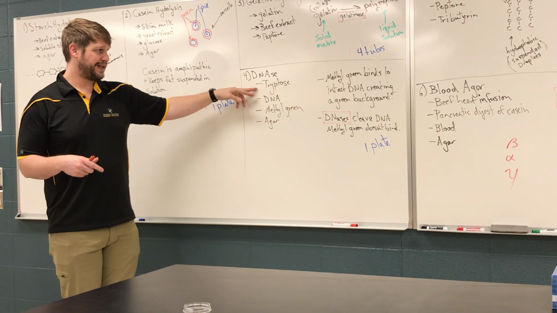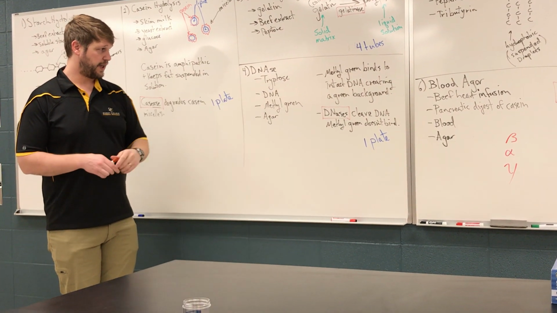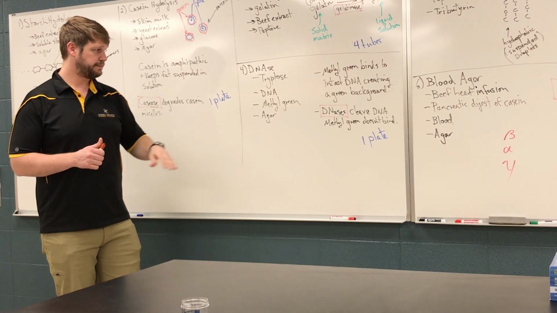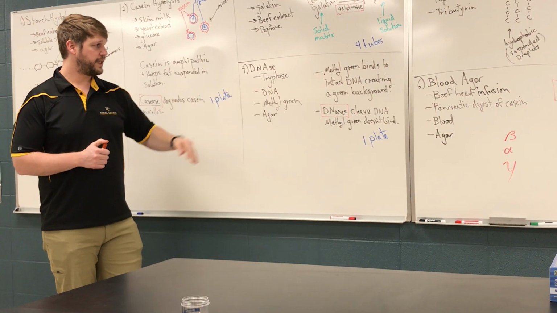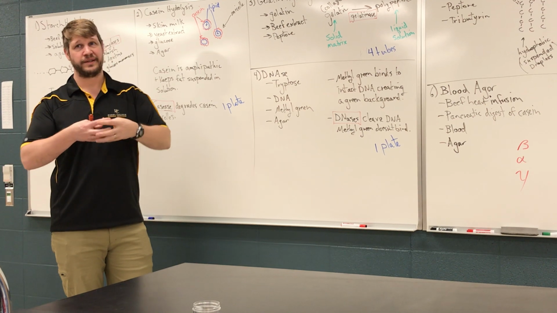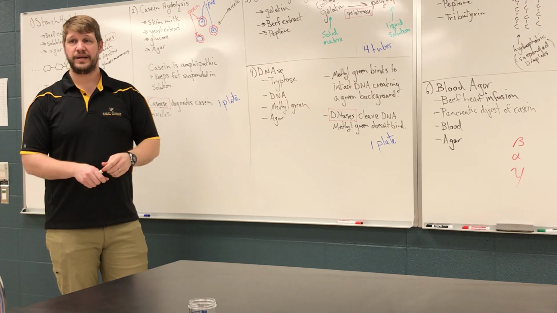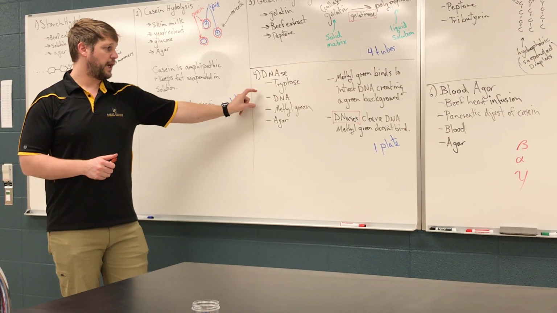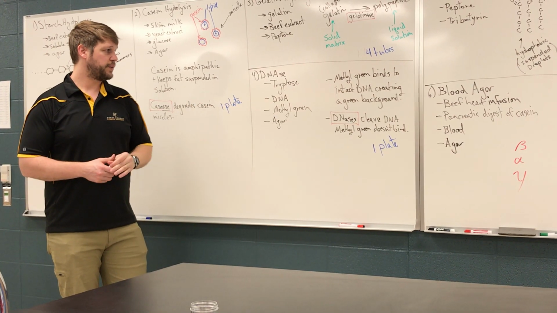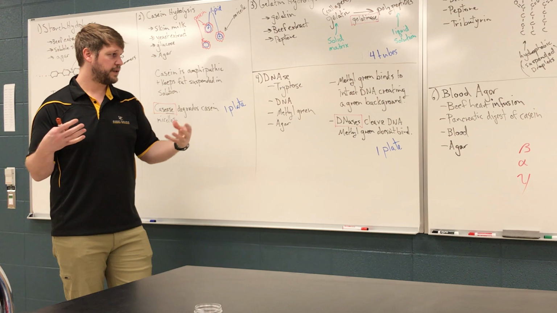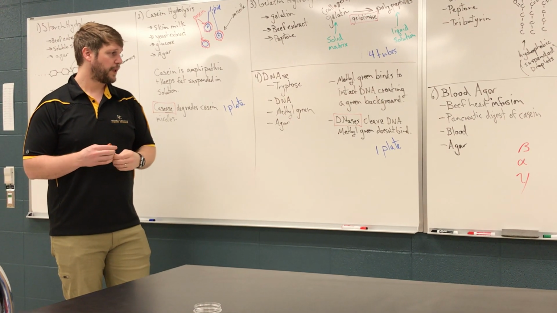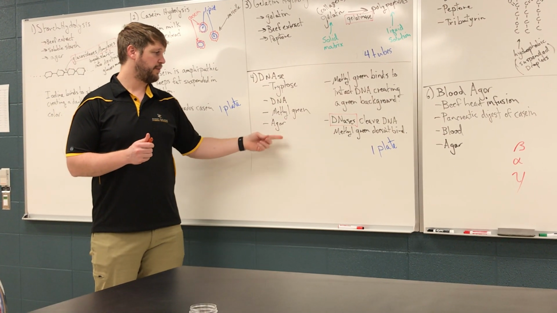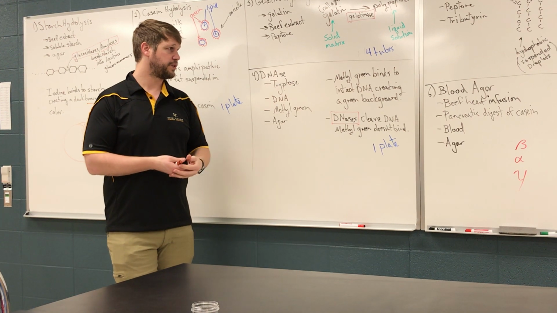But it's a general source of nutrition. There's also free DNA in the media, and then methyl green, which will associate with DNA when it's in a linear form, and then we have agar to create a solid substrate.